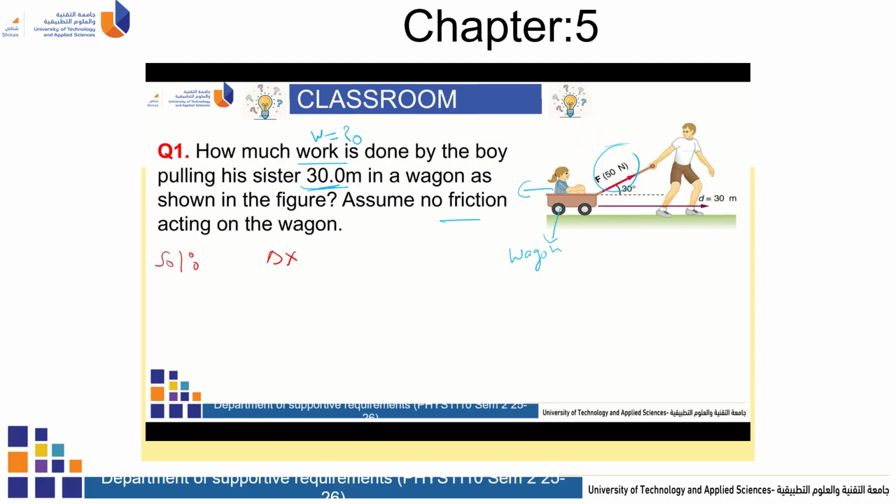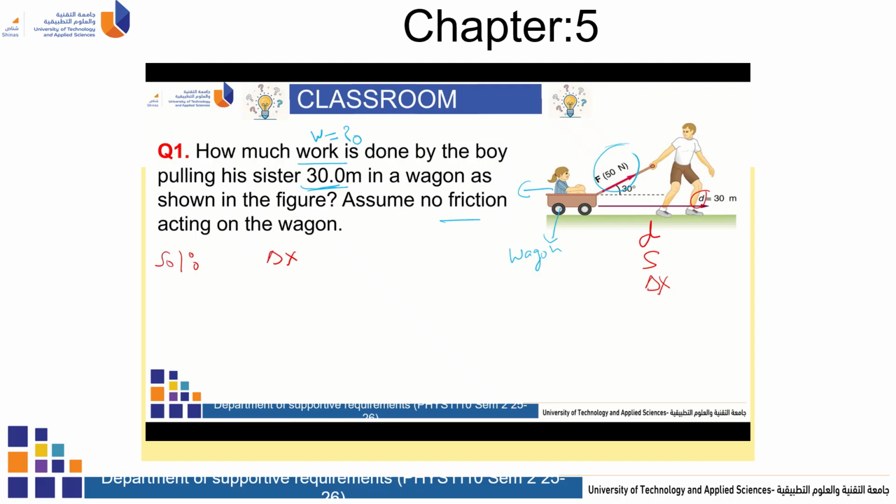Don't be confused: sometimes the displacement is shown by the letter D, in some books by the letter S, and sometimes by delta X. All are okay. These are the common letters used to represent the displacement.